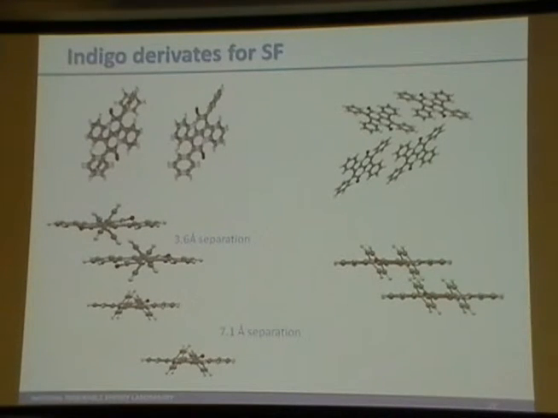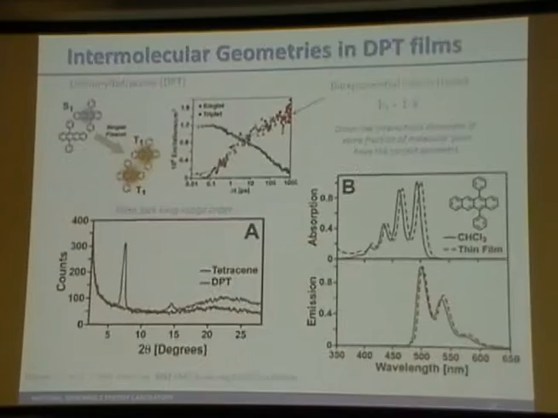So we've made different crystal polymorphs in films of this indigo derivative, and found that they're significantly different. Both in the separation of the molecules, here much smaller, here much larger separation, and also in the way that these phenyl groups twist. And also in terms of the amount that this molecule is slipped in this direction with respect to this molecule. So all of those things are important. We're processing that information now.